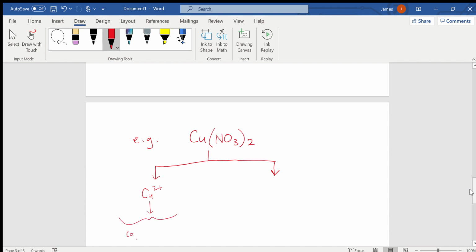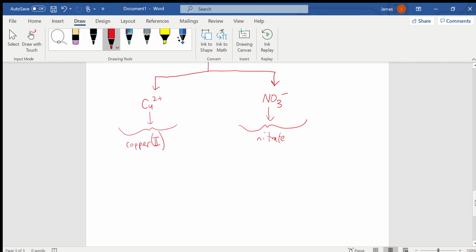So copper Roman numeral 2, because that's the charge. And then my polyatomic anion here is NO3, and you're just going to have to learn that that's called nitrate. So we have copper 2 nitrate.